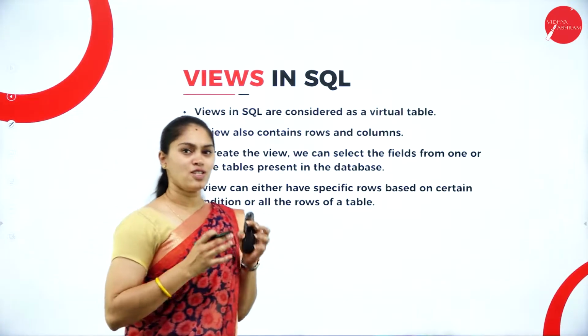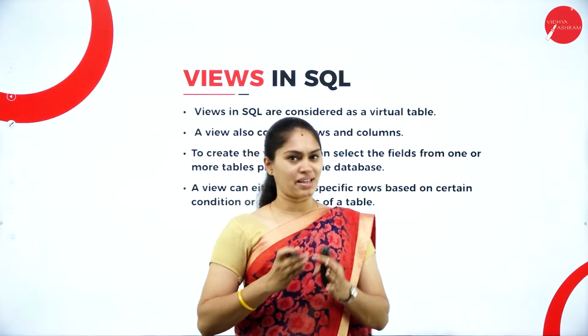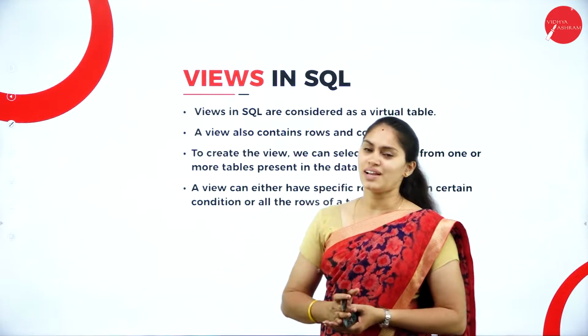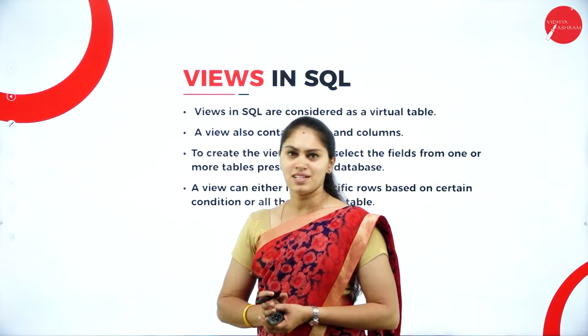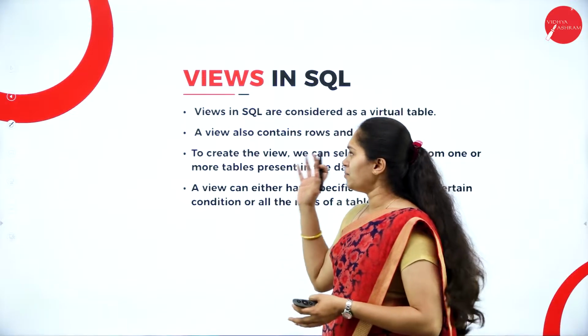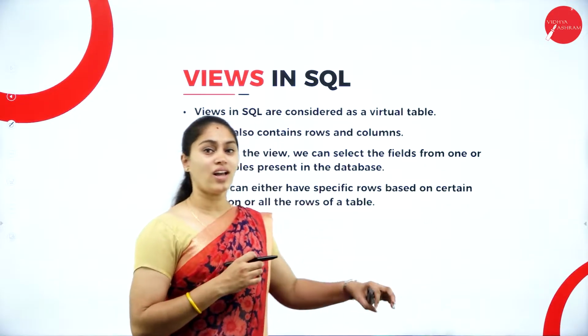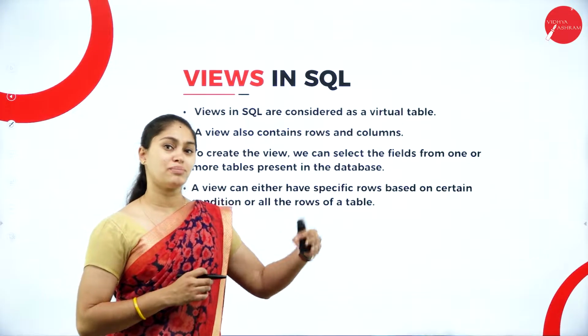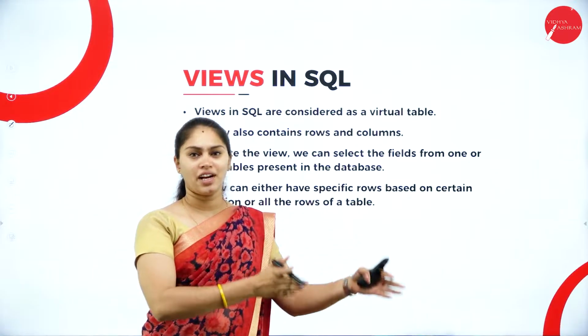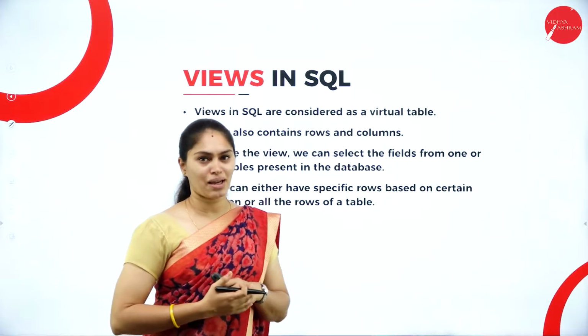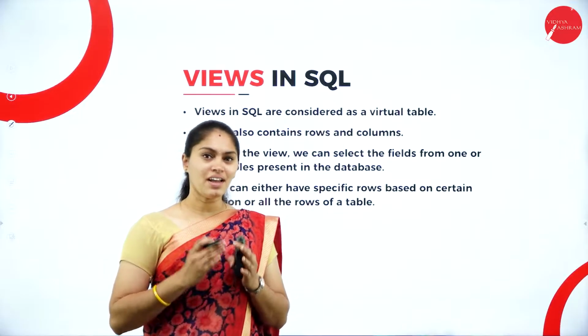So we also have tables, right? A table consists of a collection of rows, which includes the number of tuples or records. By taking all the columns or some of the columns from a particular table or from different tables, we can also create one more table. That virtual table is called a view in SQL.